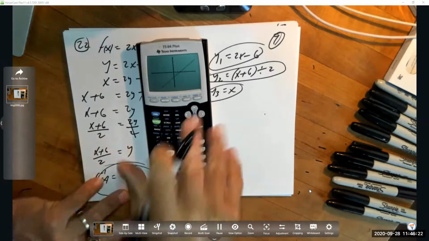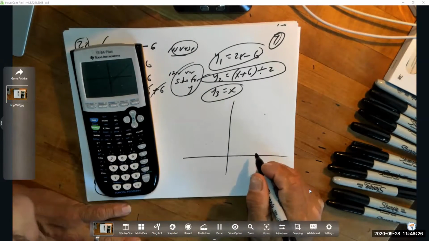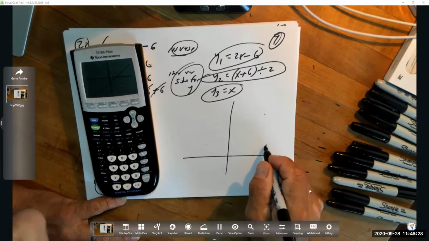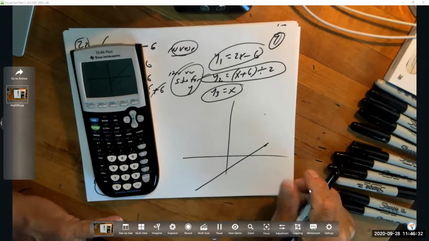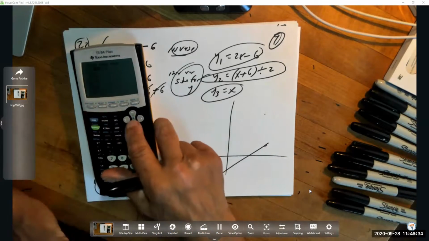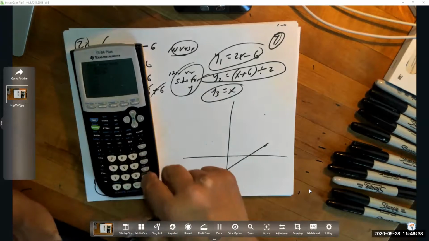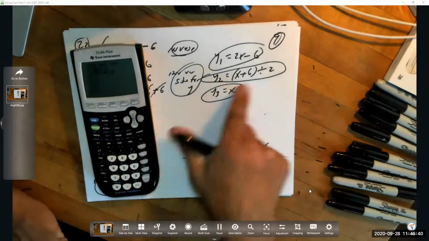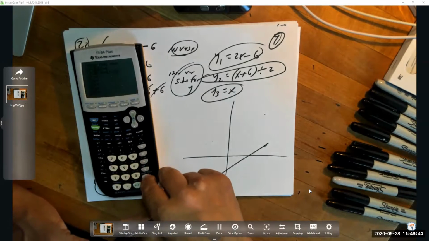Okay, I got it down there somewhere. So let me draw this picture. Something like that. And the next one, y2 is parentheses x plus 6 divided by 2, graph.